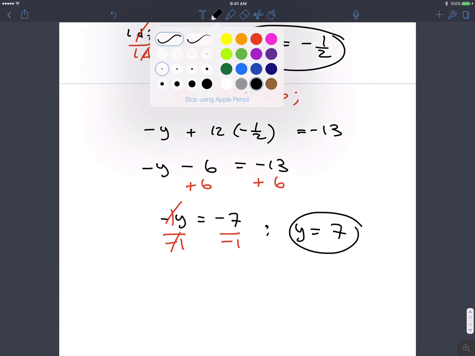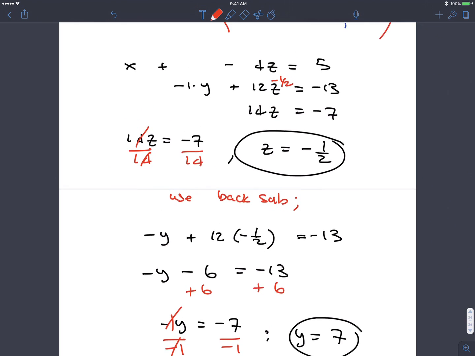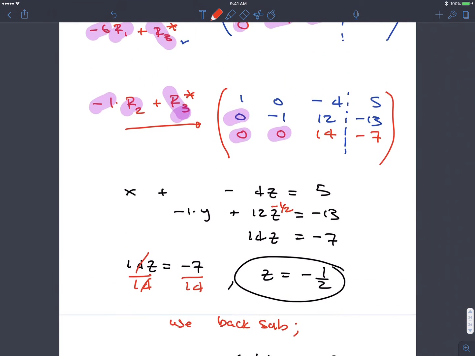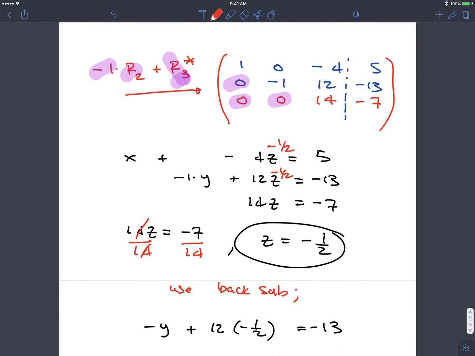So if we go further again and use our back substitution, let's go back to the first equation. Z is -1/2, and it doesn't matter what y is because y here is missing.